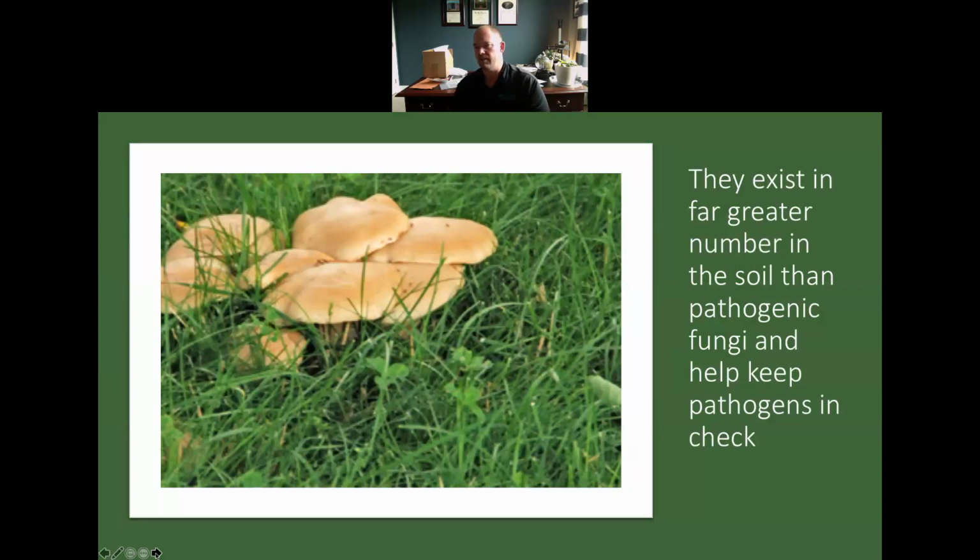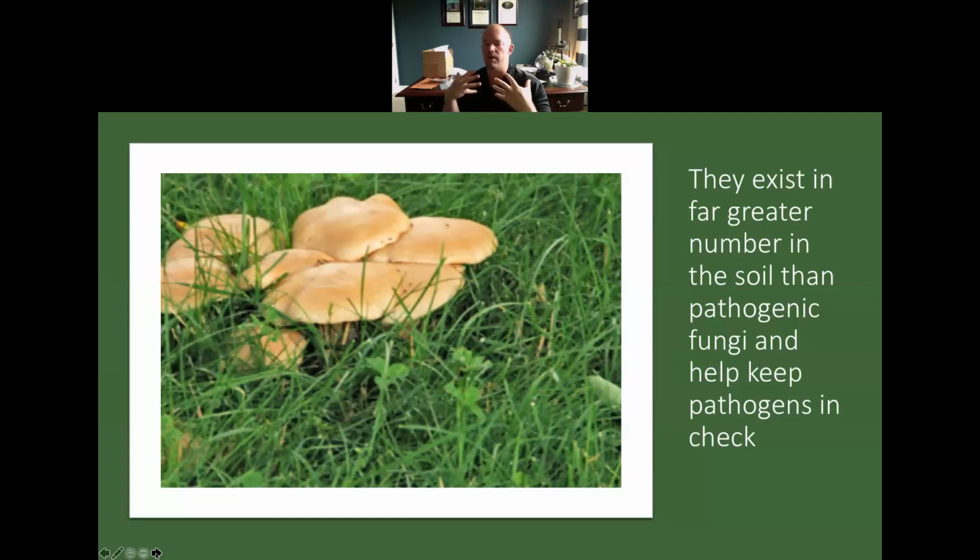And they exist in far greater number in the soil than pathogenic fungi. So these guys, we actually want them there because they keep the pathogenic fungi in check. Remember that these plant pathogenic fungi, in most circumstances, when they're turned off, are generally weak.